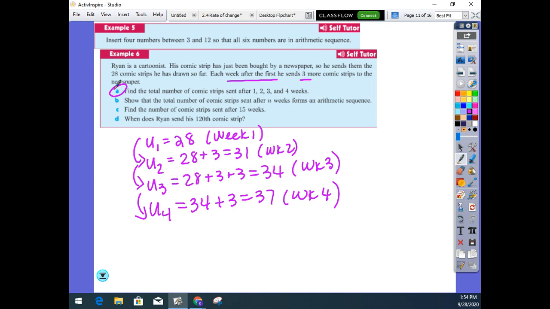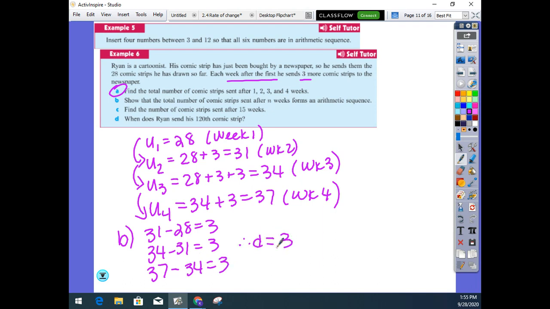All right. So part B kind of is annoying. 31 minus 28 equals 3. 34 minus 31 equals 3. 37 minus 34 equals 3. Therefore, my common difference is 3.